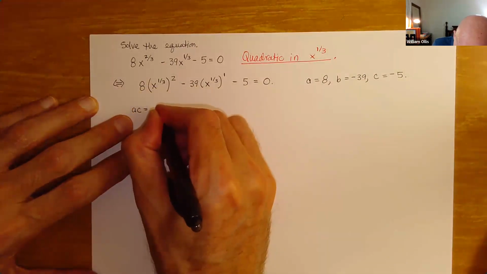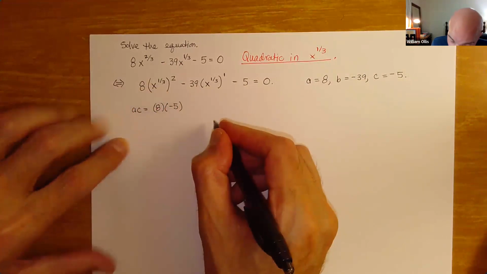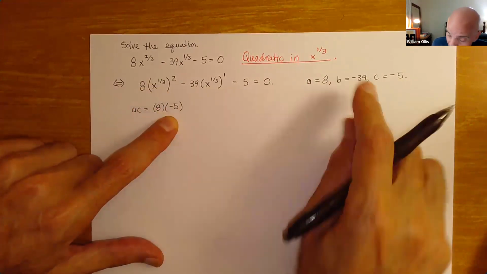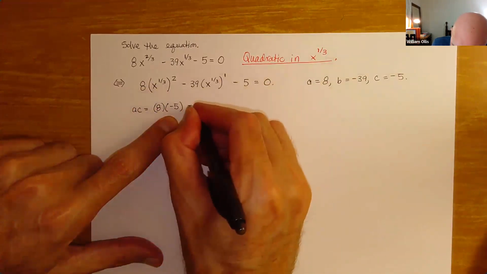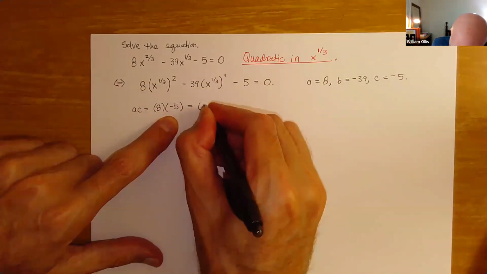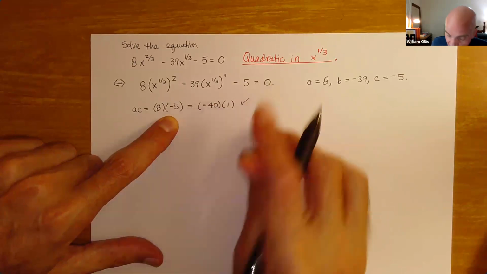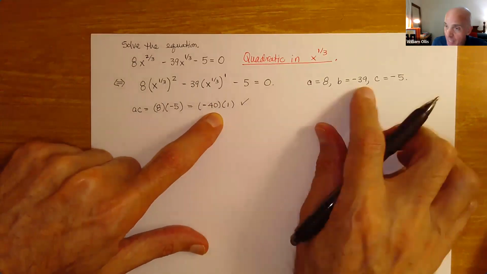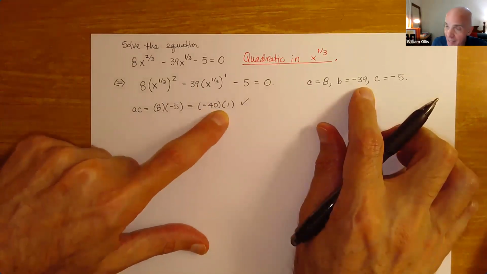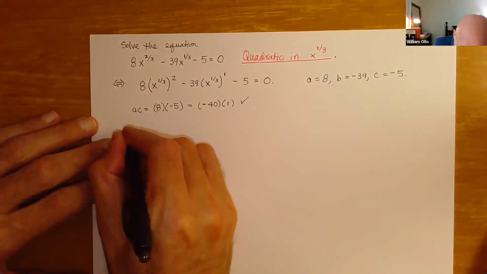We have 8 times a negative 5, which in this case is just a negative 40, but that gives us an easy way to write the negative 39. So we'll just say this is negative 40 times a 1. And even though that's kind of a cheap factorization, it certainly gives us the negative 39 that we need when we add these two numbers. So that was easy. So now let's go ahead and write this out.